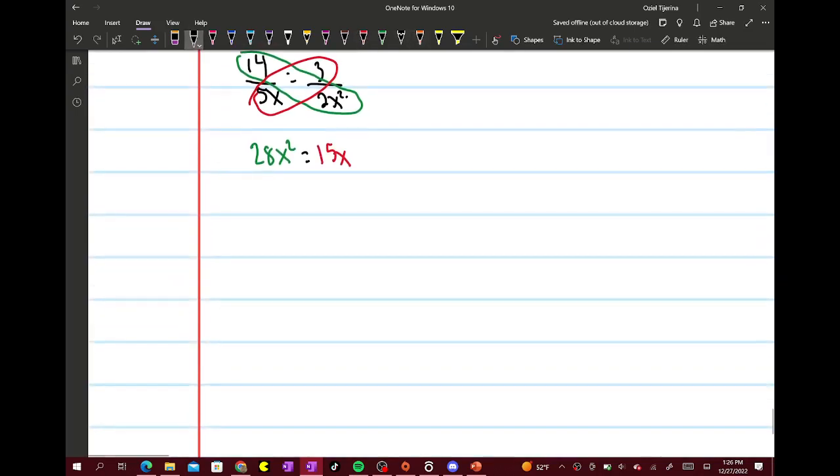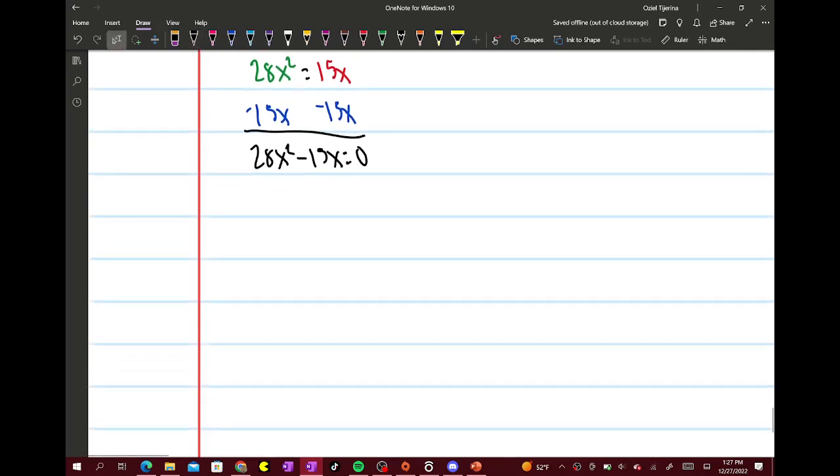And if we go ahead and subtract 15x on both sides, then this becomes 28x squared minus 15x equals 0.